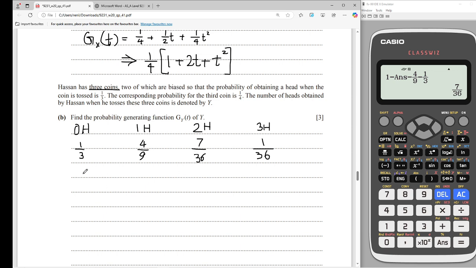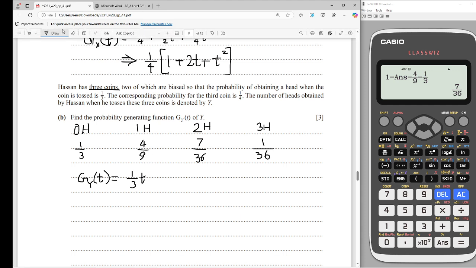And so we can write our function gy(t) equals 1/3, once again t to the power of 0. So we're not going to have any value there because it's just multiplied by 1.